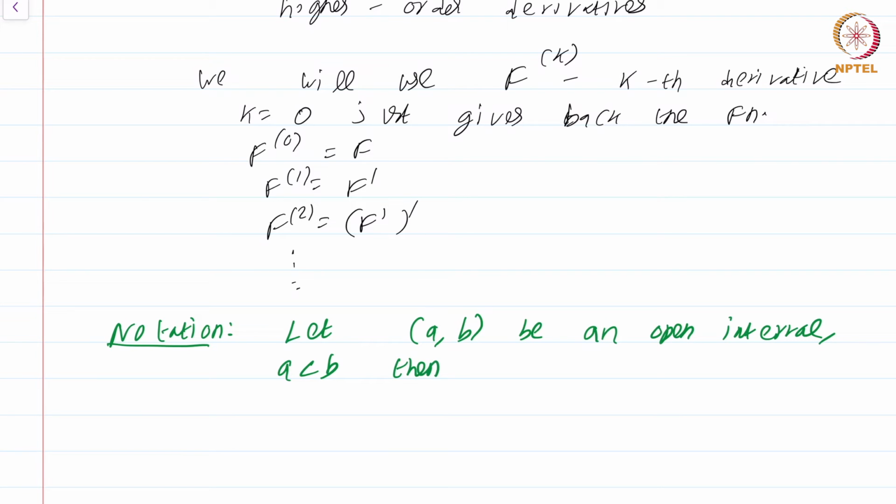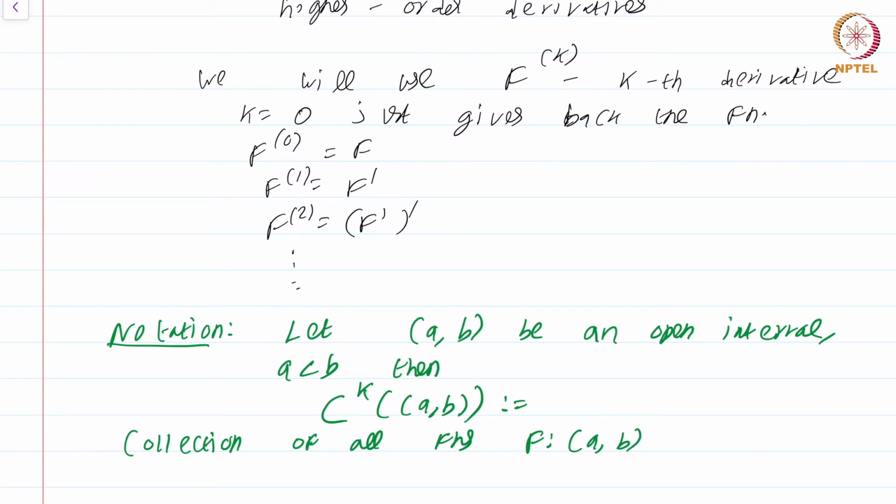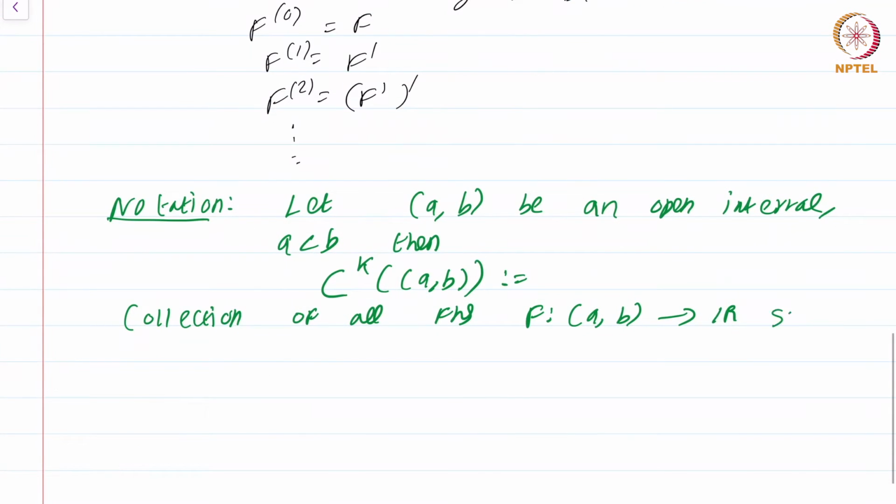Then C^k of (a, b) is defined to be the collection of all functions f from open interval (a, b) to R such that f^k exists and f^k from (a, b) to R is continuous. This is important.